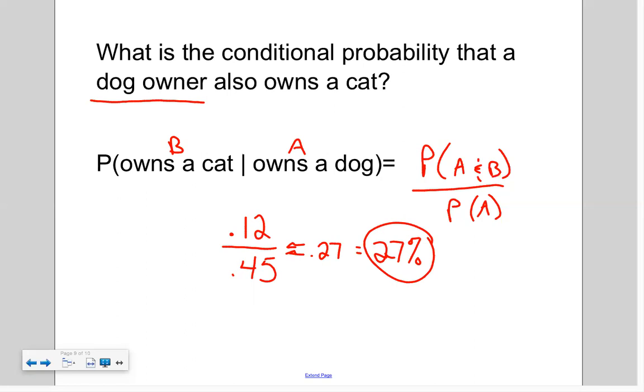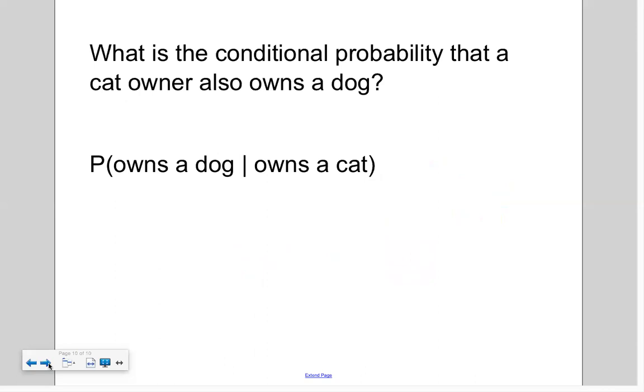All right. One more example. What's the conditional probability that a cat owner also owns a dog? So it's flipping it. It's saying the condition is that it's a cat owner, also owns a dog. Again, we want to rewrite it as a given statement: what is the probability that you own a dog given you are a cat owner?